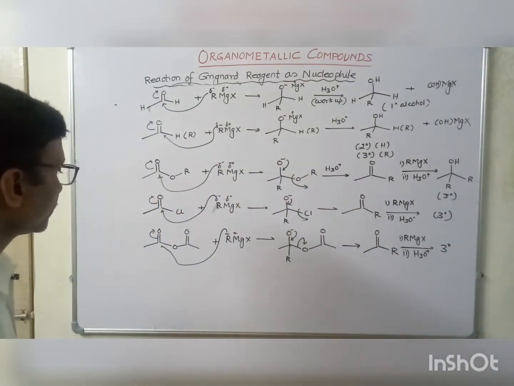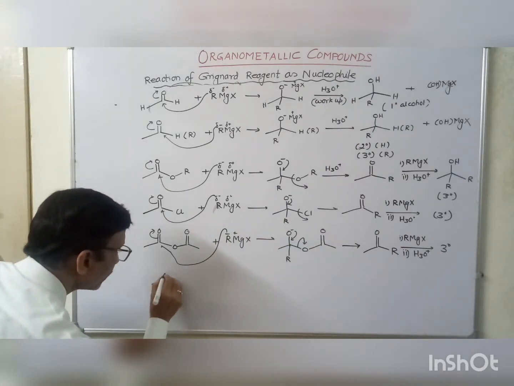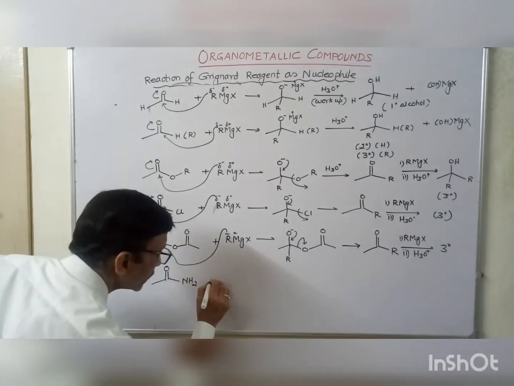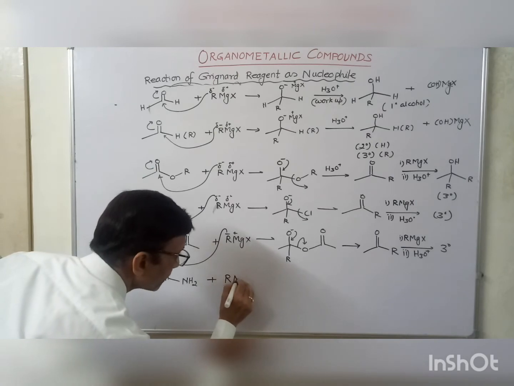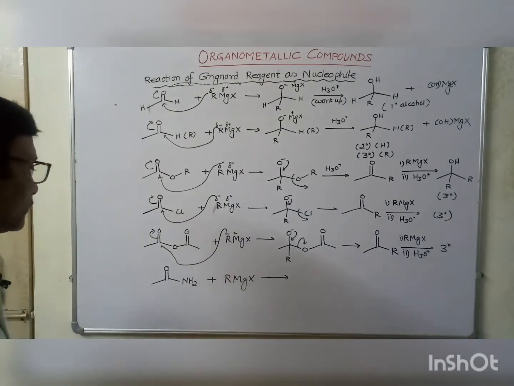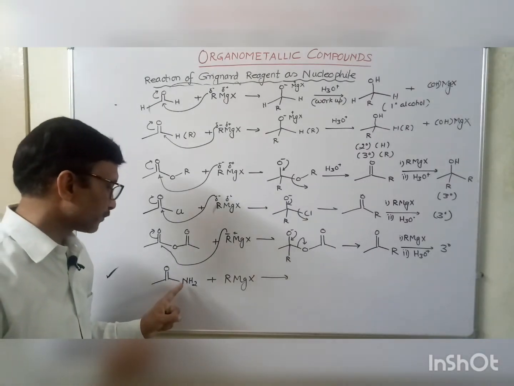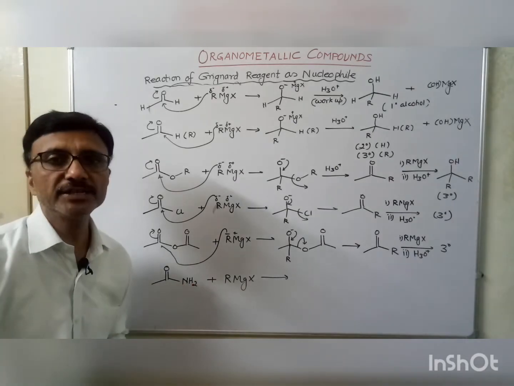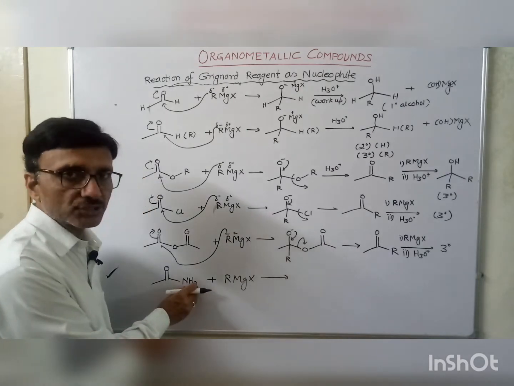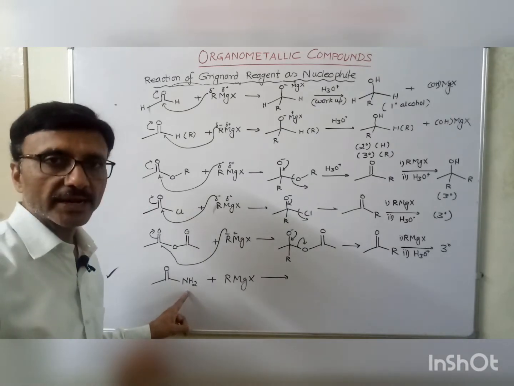Okay, and now suppose if we are having an amide. Now this is a slightly different reaction. If you see this reaction, first, the nucleophilic addition will not take place on this amide, because one of the NH2 groups is present over here, and this NH2 group has acidic hydrogen.